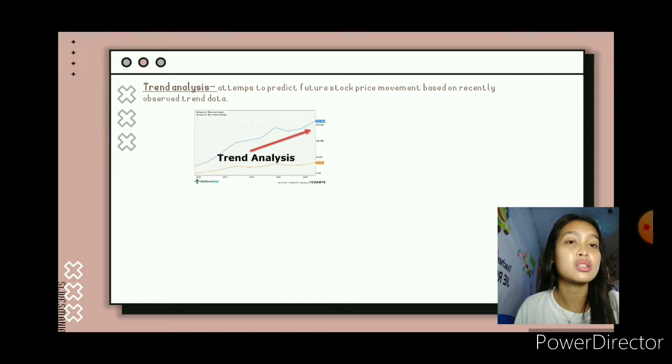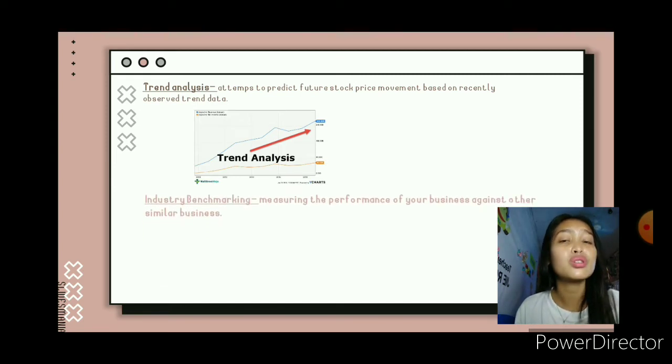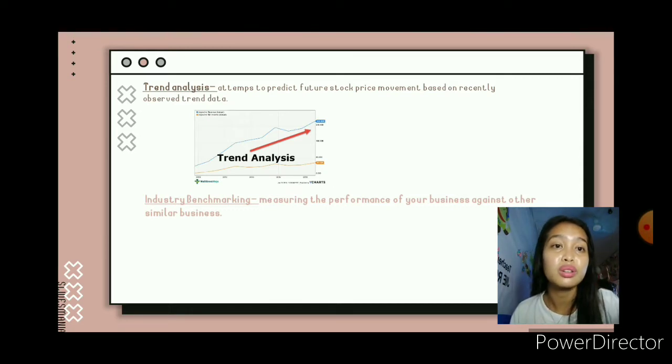Identify any trends, maybe your product is not that trendy, so your selling is decreasing, because people nowadays follow whatever is in fashion.